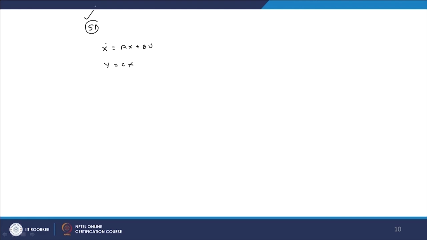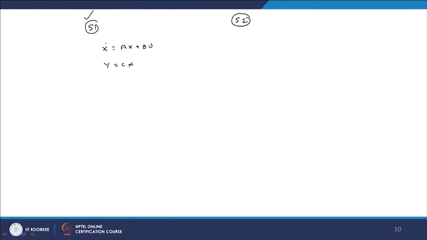Now we assume that this particular system is in controllable canonical form. The same system we can write in terms of observable canonical form, where we take different states. Let us say we have a system S2 like this, written as Z dot equal to A transpose Z plus, here the B in this case is nothing but C transpose.